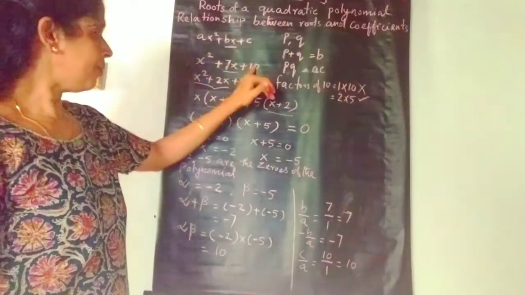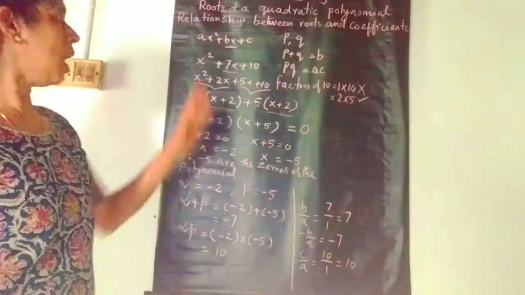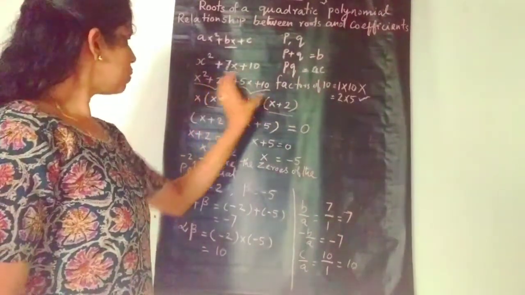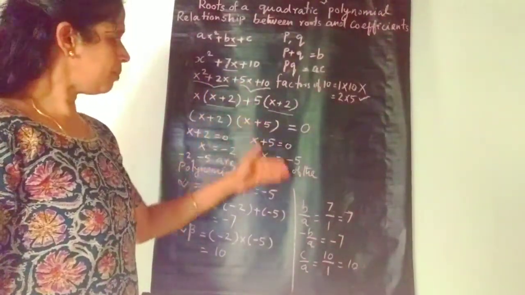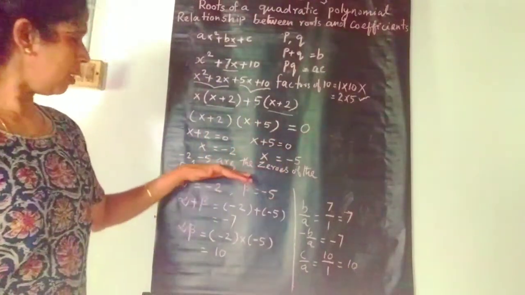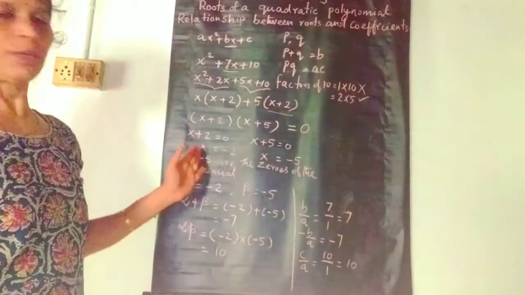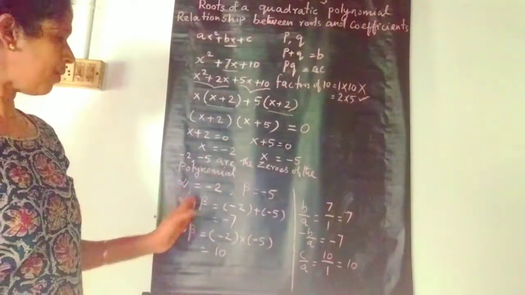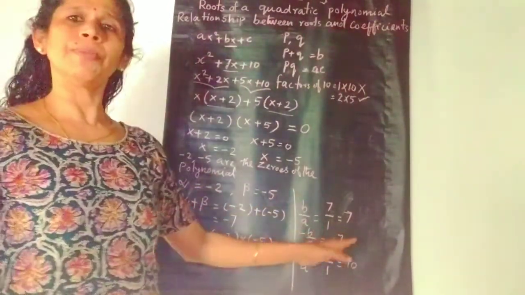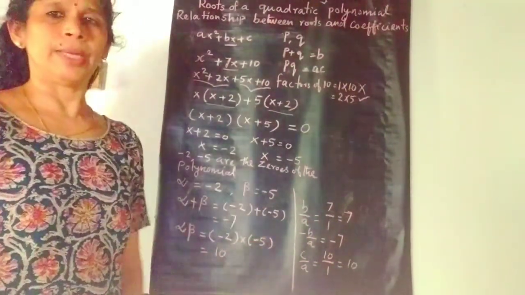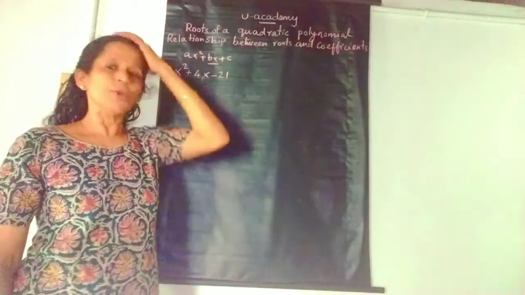Find the factors of this number. After that, split the middle term. Then you can take these two groups, make it 0 and find the zeros of the polynomial. One root we call alpha, the other root we call beta. So alpha plus beta will be equal to minus b by a, and the product alpha beta will be equal to c by a. Let us see one more example.